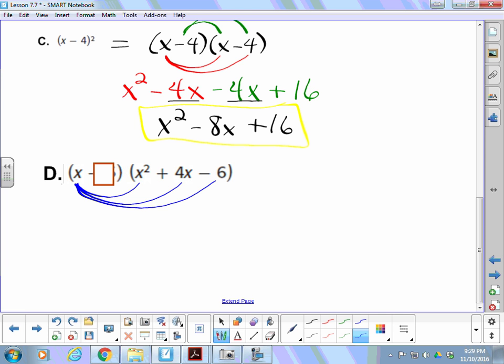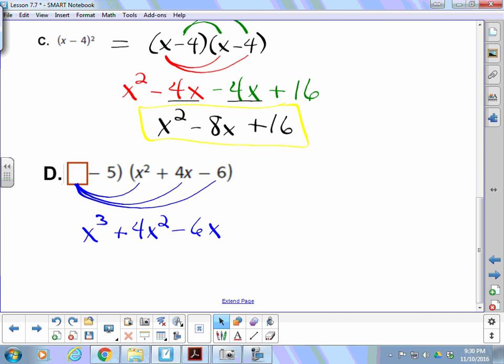So x times x squared is x cubed. x times 4x is plus 4x squared. Remember, when we're multiplying with the same base, add the exponents. And then x times negative 6 is negative 6x. Then we're going to cover up the x and distribute the negative 5 to everything. And when I do this, I'm also going to put the like terms underneath each other.